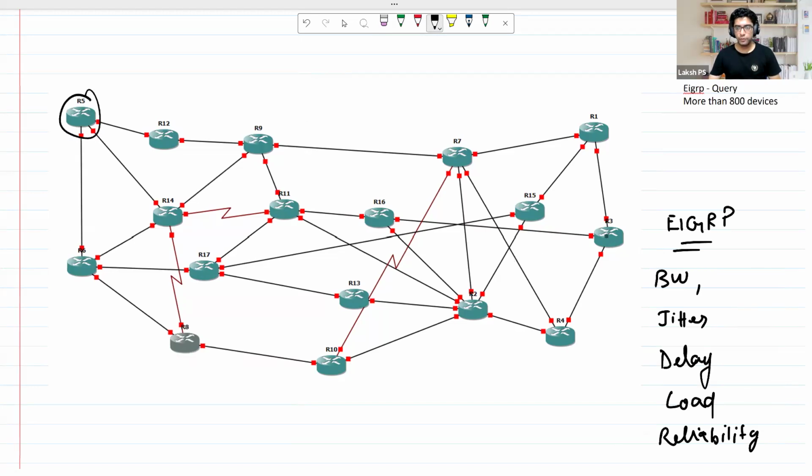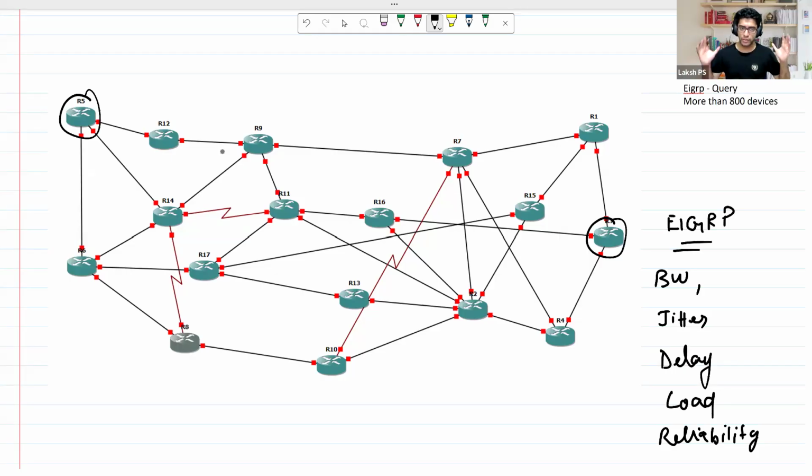Now, from R5 to R3, I want the data to travel as fast as possible. I'm not thinking it should have less delay, more reliability, or better bandwidth. No, I'm not thinking of all these things.